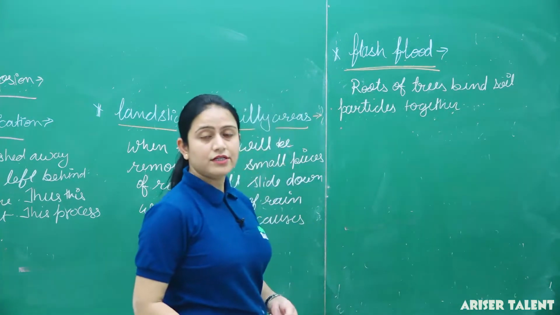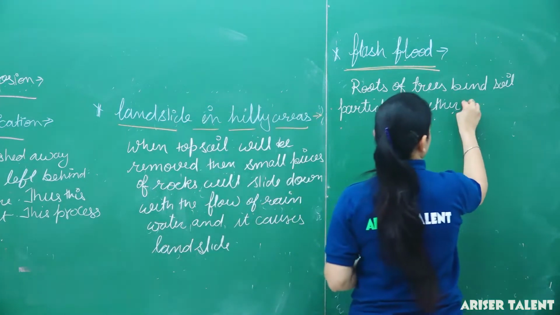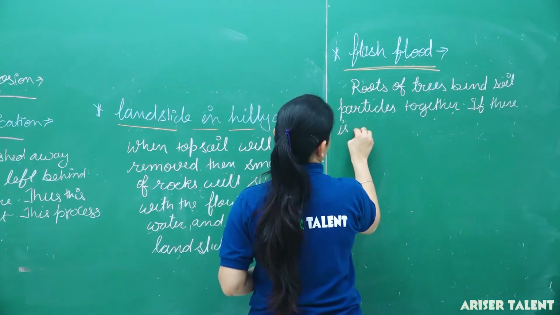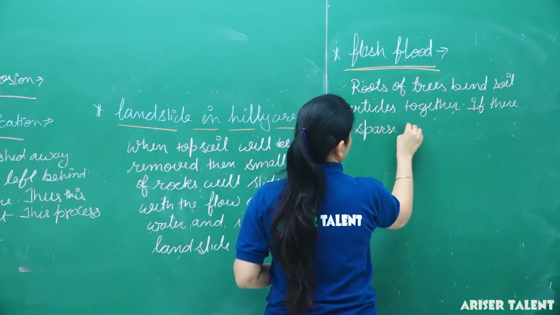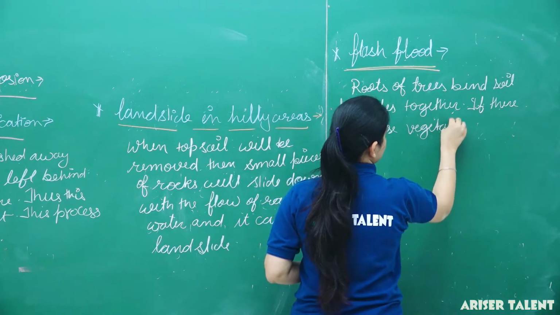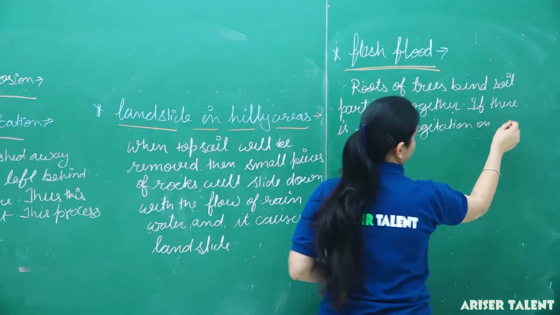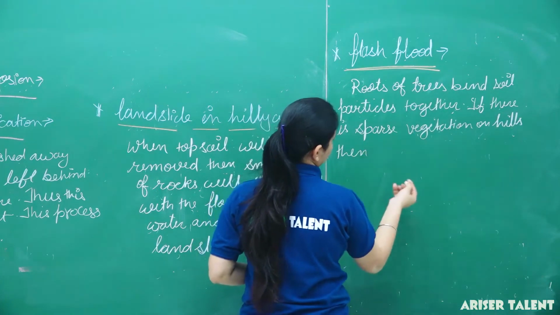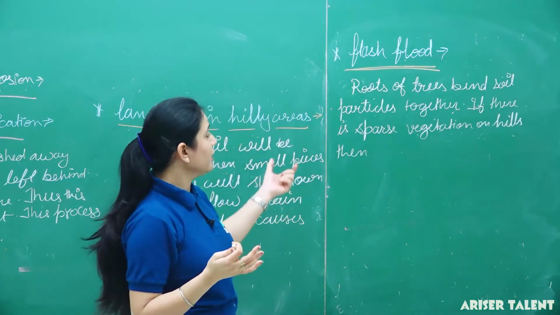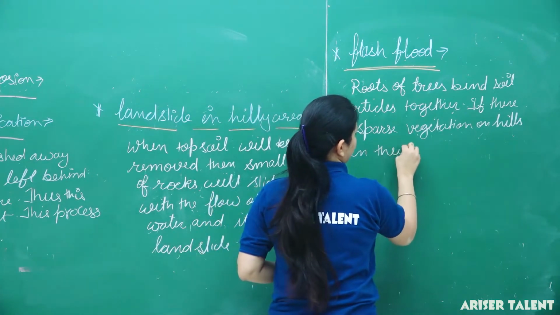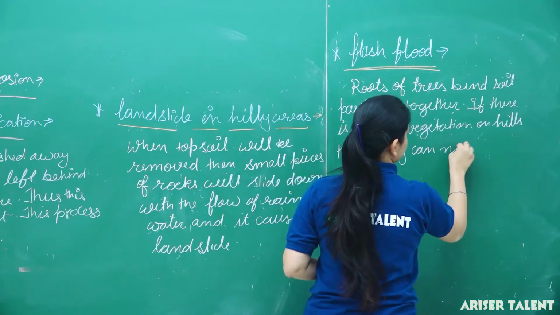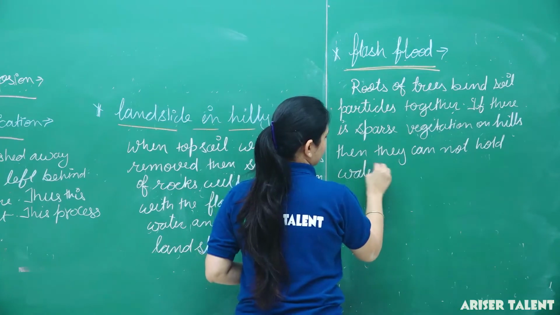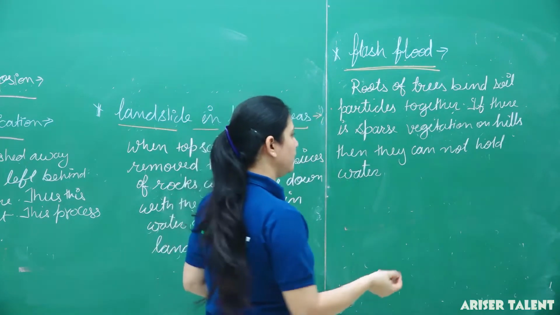But if there is only sparse vegetation on hills, they cannot hold water, or they cannot absorb water.